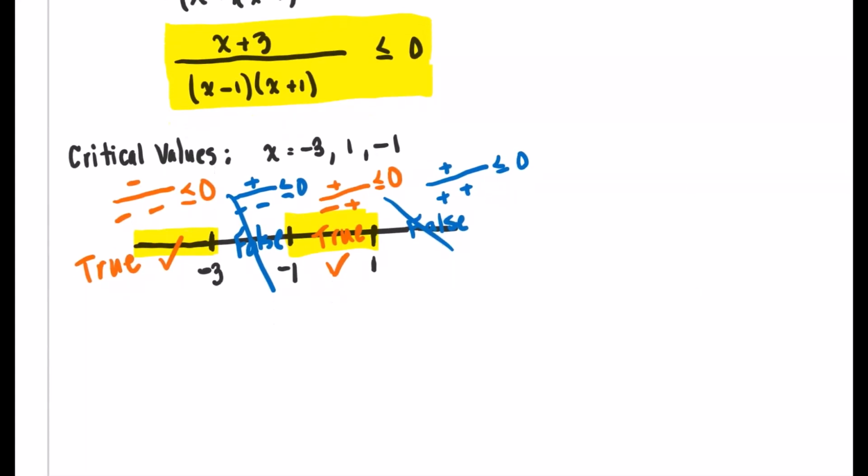Now, how do you write out your final answer? Well, because my inequality symbol is less than or equal to, I'm going to include zeros of the numerator.